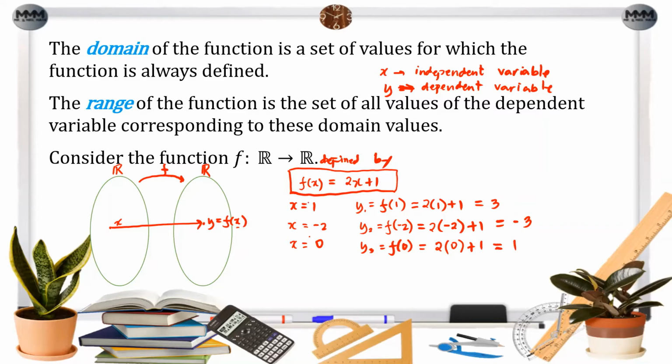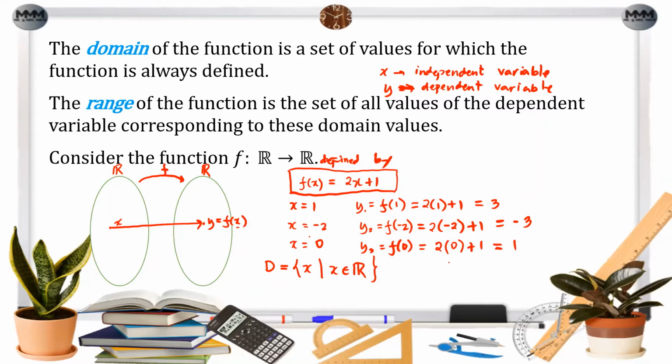So our domain D, let's try to denote the domain as D, is the set of values of x such that, this is the notation for such that, x is a real number. So we mean x belongs to the set of real numbers, or simply x is a real number. So the set of real numbers is the domain of the given function, in this case.